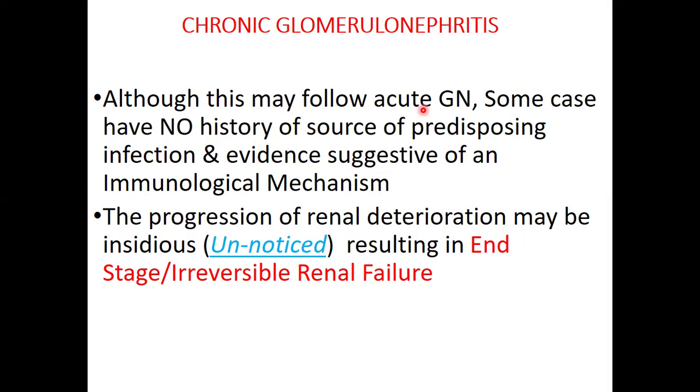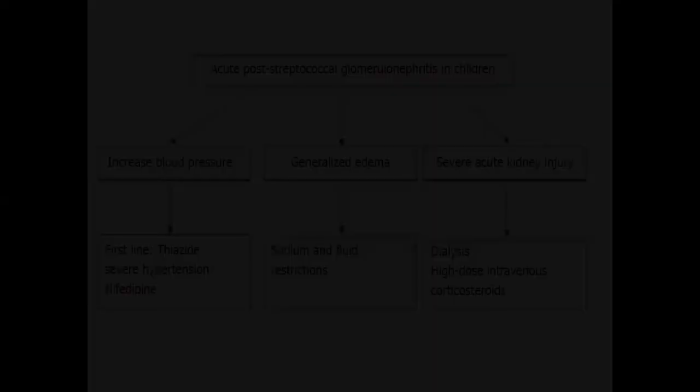Now, in this case, you may find that there is no history of any upper respiratory tract infections, and renal function keeps on deteriorating over a period of time and may actually result in renal failure because of the progressive damage that occurs to the kidney and its function.